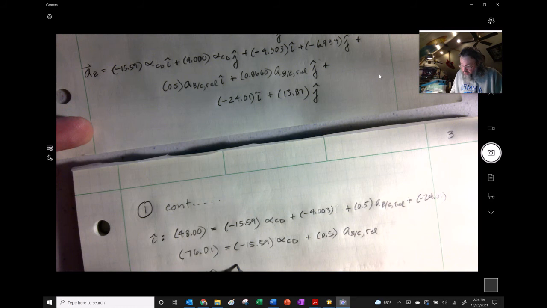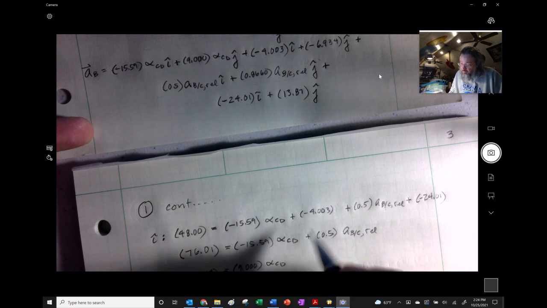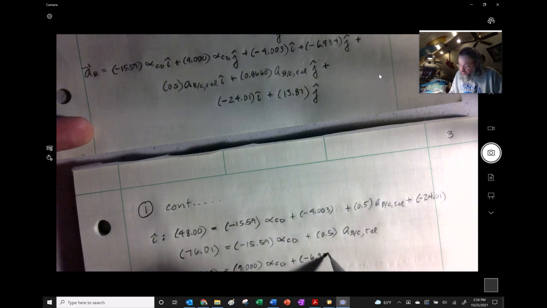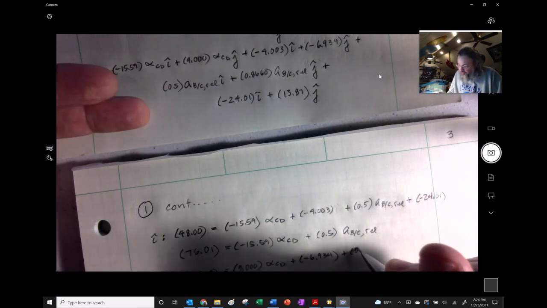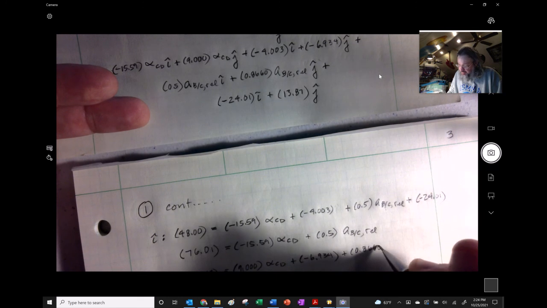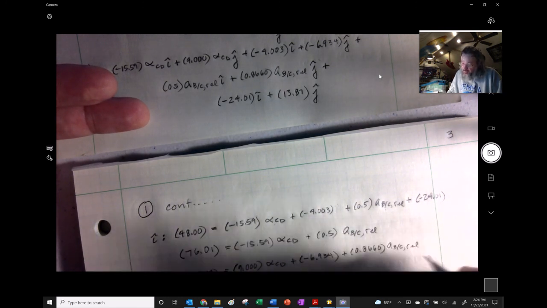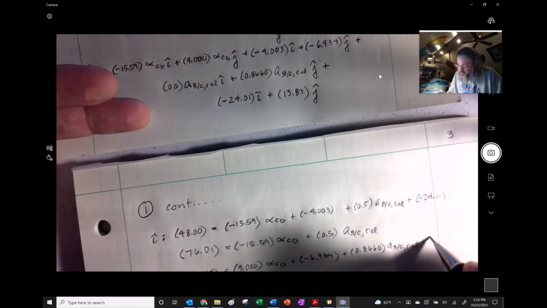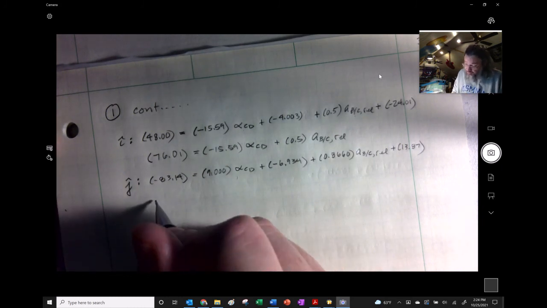So we will have 9 alpha CD plus our negative 6.934 plus our 0.8660 AB with respect to C rel, and then one last one, plus our 13.87. And I'll rewrite this one out too.